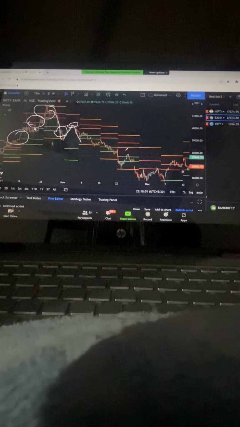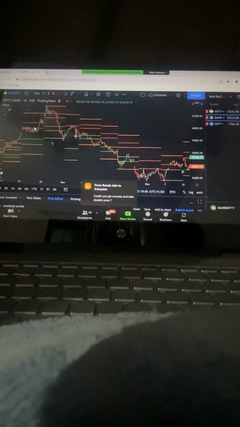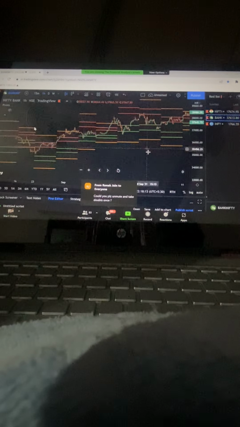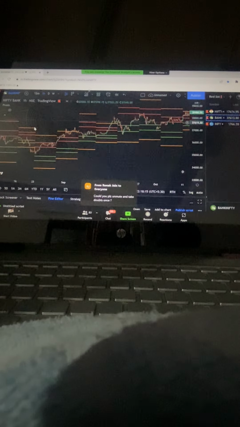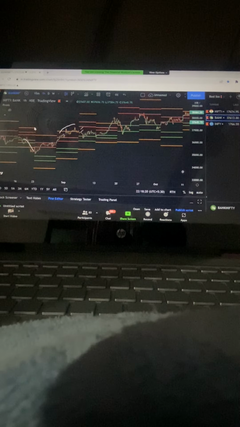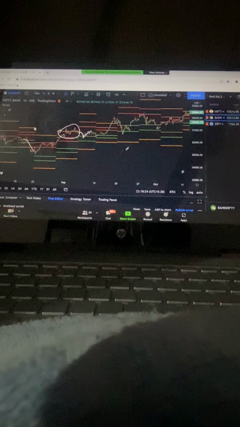Okay, take a look at this as well. Bearish turned to bullish, first correction up.